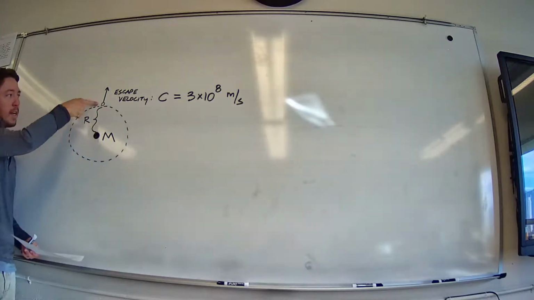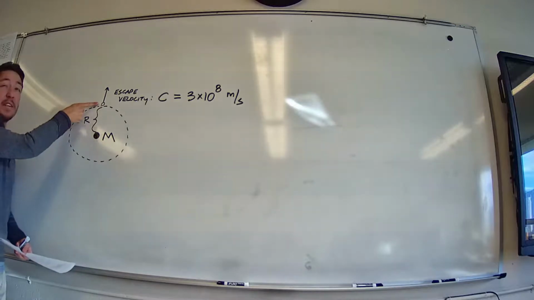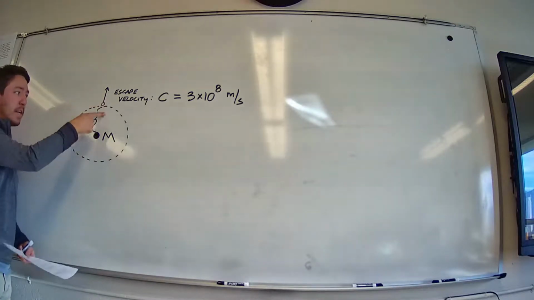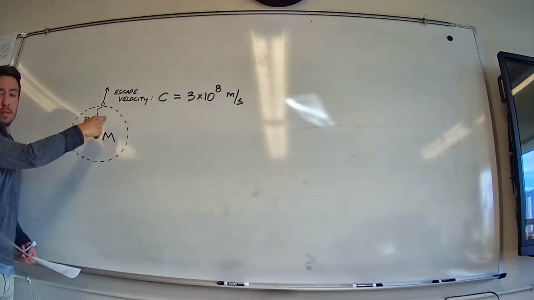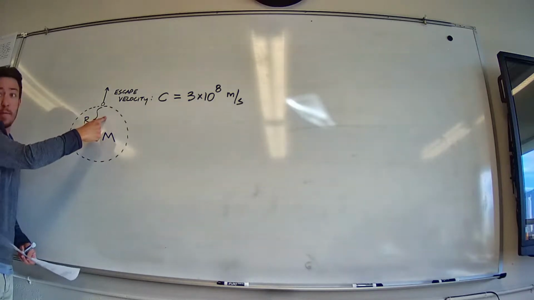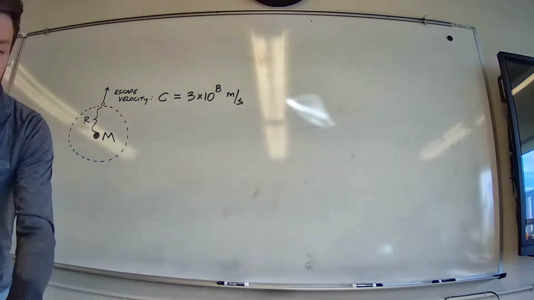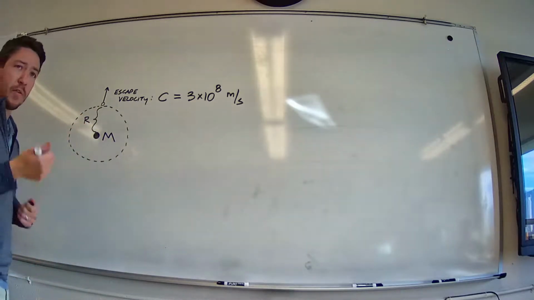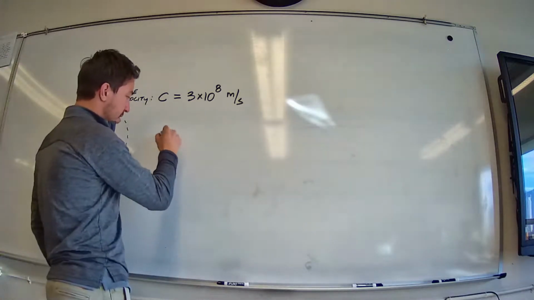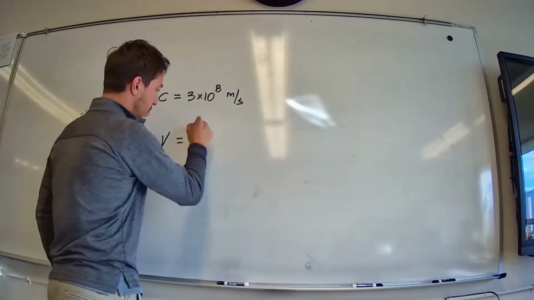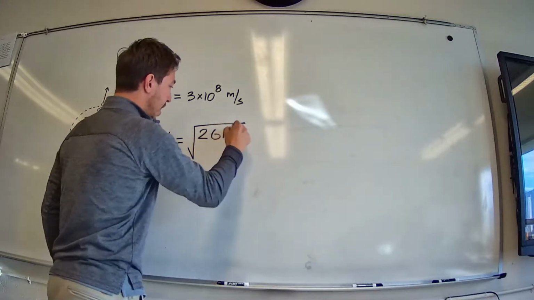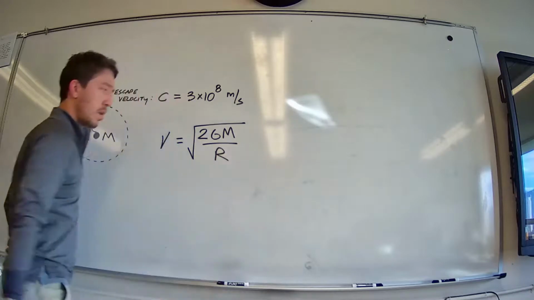So what if you were standing here and you had to travel the speed of light to escape the gravity? What would happen if you were inside the circle? You'd never be able to escape, because nothing can travel faster than the speed of light, right? So the question is, we just derived a formula. The formula says V equals the square root of 2GM over r, right?